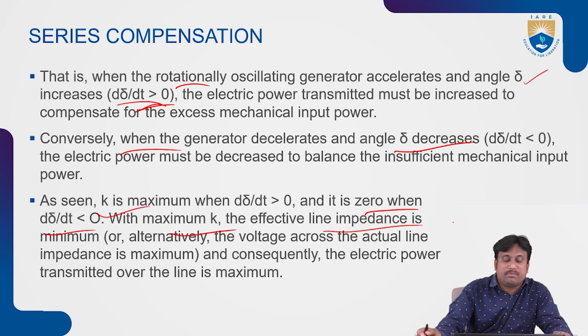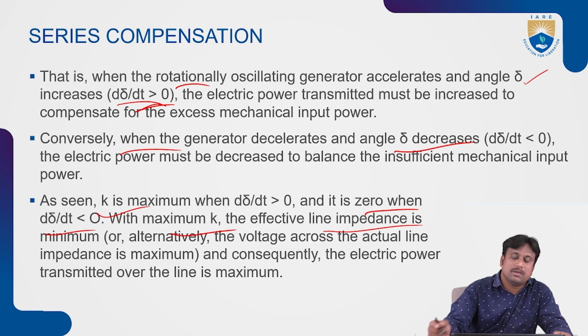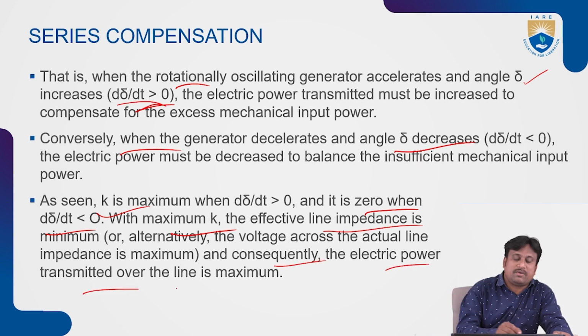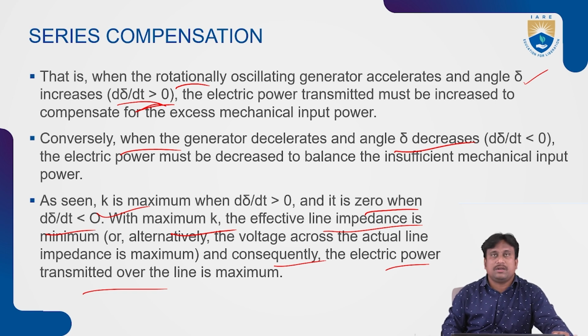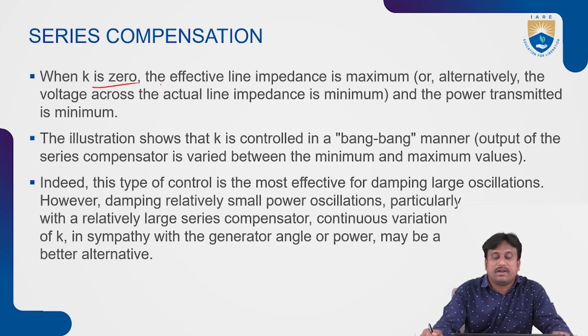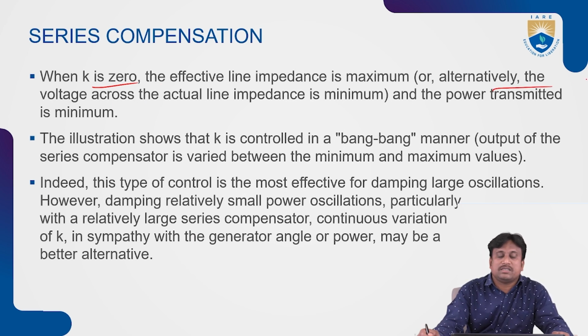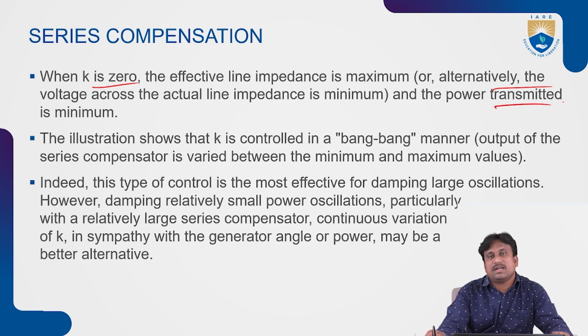So effective line impedance is minimum, or alternatively the voltage across the actual line impedance is also maximum. Consequently, the electric power transmitted over the line is also maximum under these conditions. So when the K value becomes 0, effective line impedance is maximum, or alternatively the voltage across the actual line impedance is minimum, so the power transmitted is reflected as minimum.